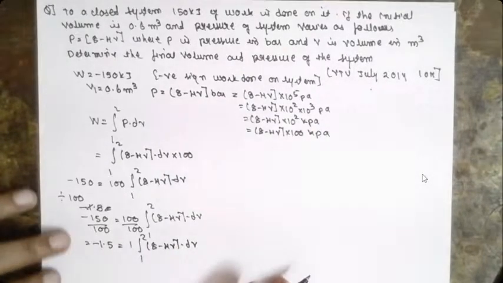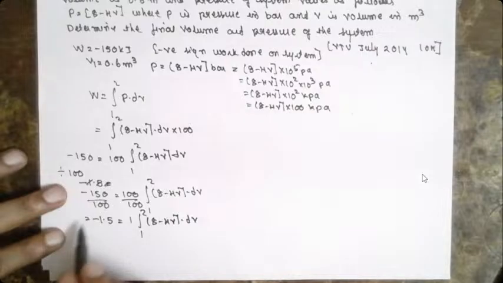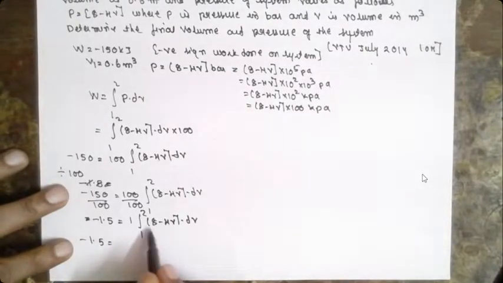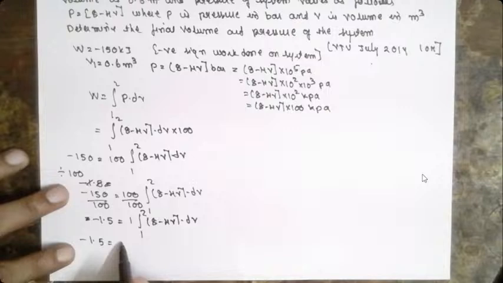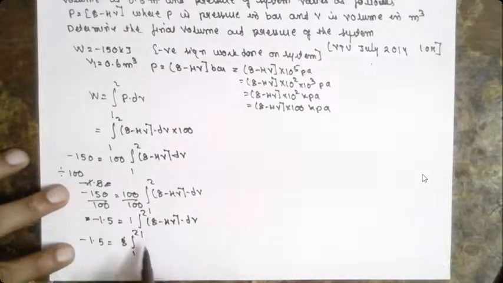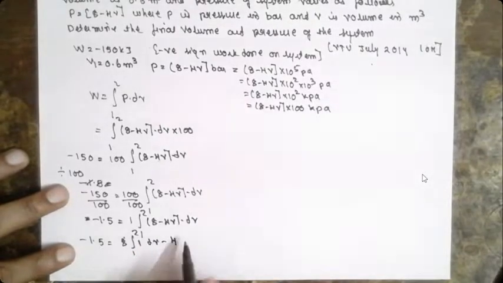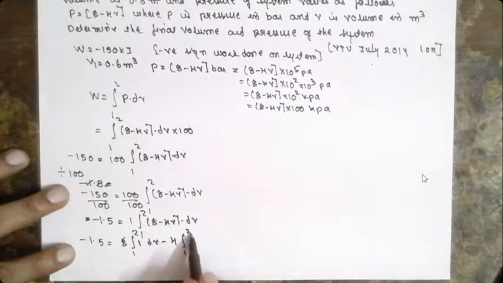Now further, minus 1.5. Now integration, let us consider 8 outside, integration 1 to 2 of 1 dV minus 4 constant, 1 to 2 V dV.